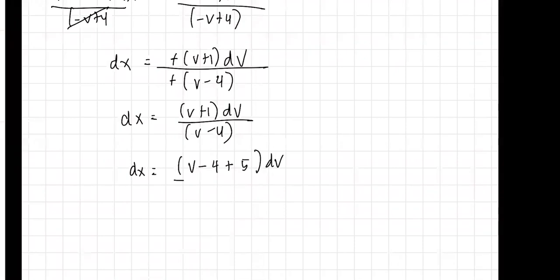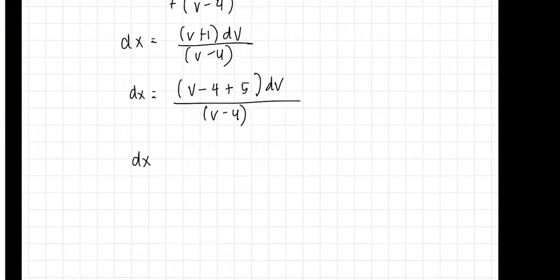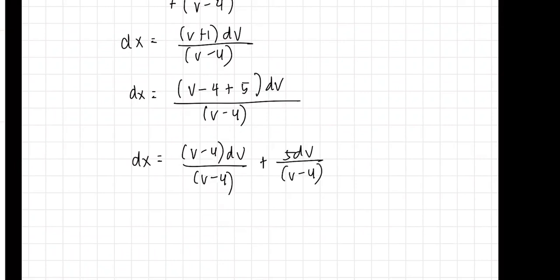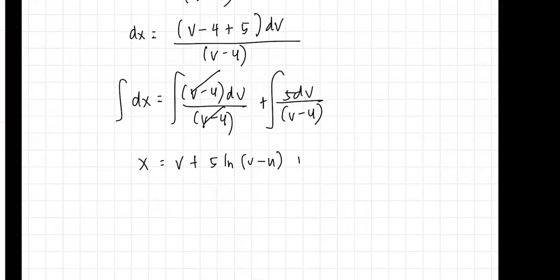So dx is equals to (v minus 4) dv over (v minus 4) plus 5 dv over (v minus 4). Cancel out to. Perform natin integration. We have x is equals to v plus 5 ln (v minus 4) plus c.